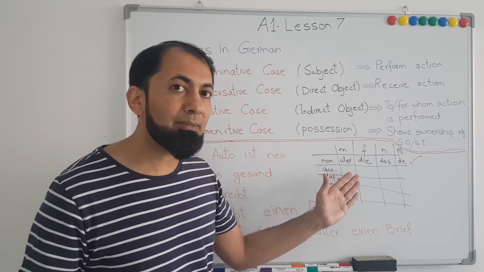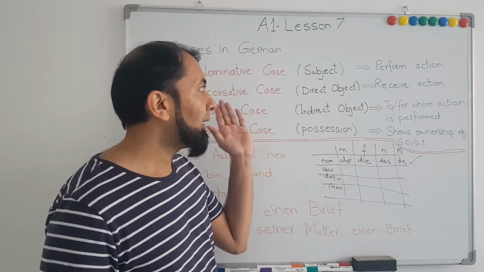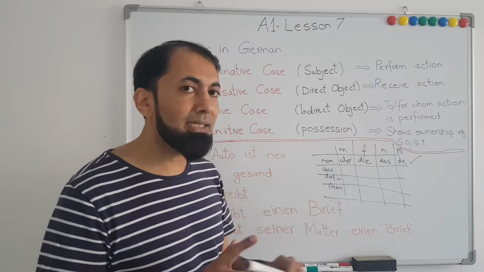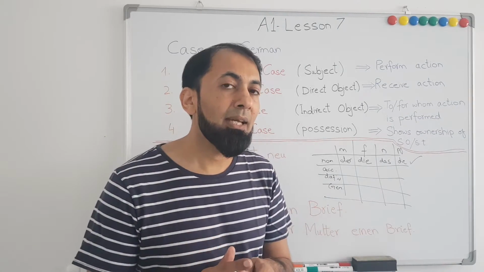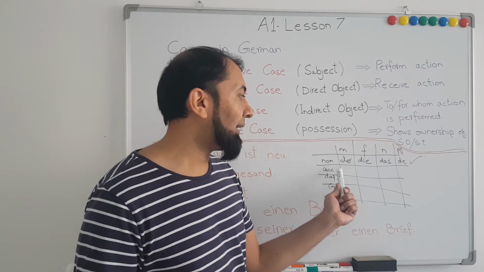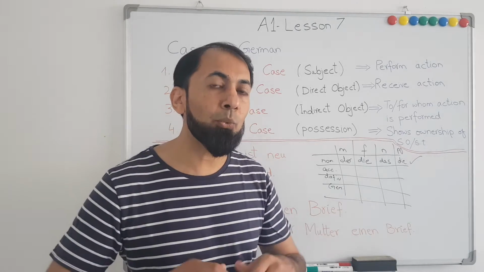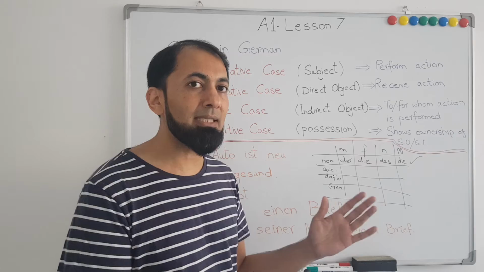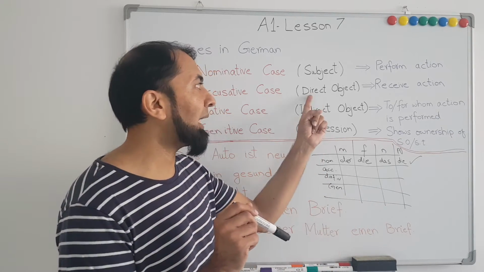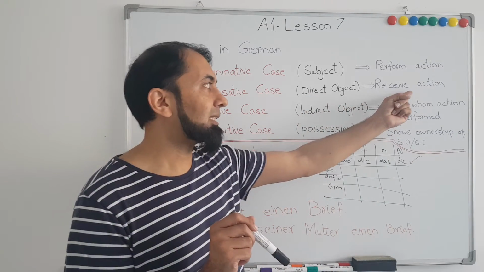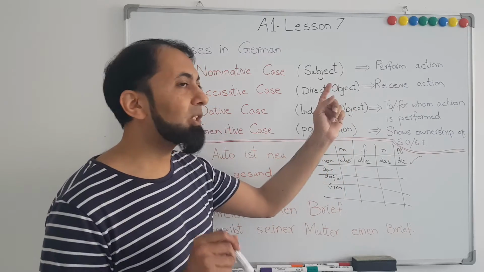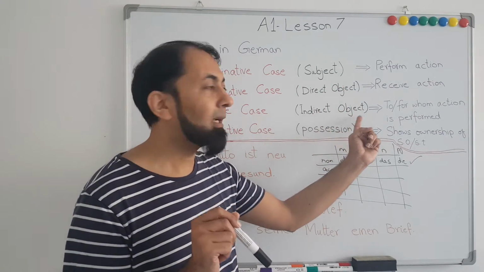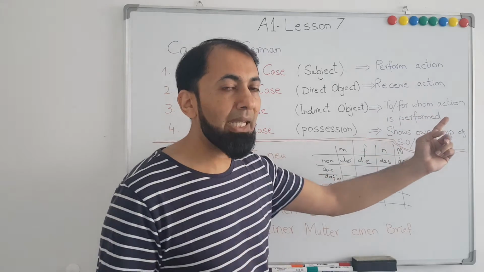This is one aspect of why we need to know these cases, because the articles will change in each case, and based on the articles we will be able to identify which section of the sentence corresponds to the direct object, which is receiving the action, and which section of the sentence is the indirect object, for whom the action is being performed.